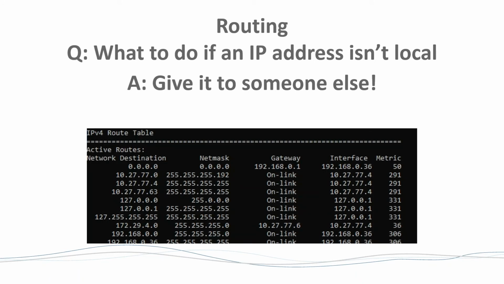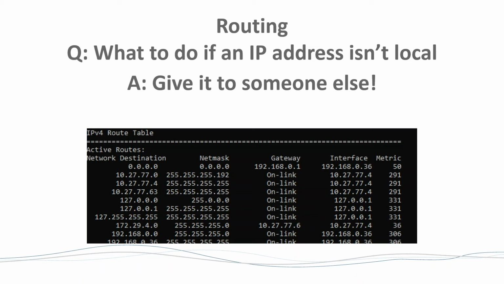Every device has a routing table. This is off my laptop, okay? I put some fake networks on it yesterday, and I printed it off. It looks ugly, but we have a network destination. This is some place that you might be trying to get. This is the net mask of that destination.